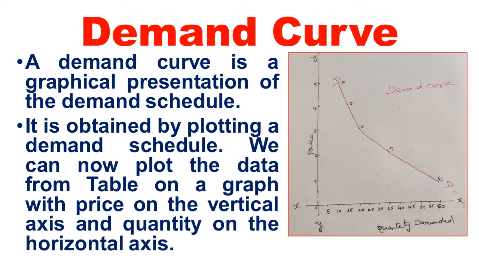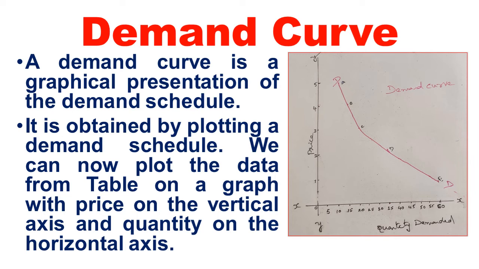How will it look? You can observe here, for your convenience, it is kept on the right side. Price is shown on the vertical, that is y-axis, and quantity demanded on the x-axis, that is the horizontal axis. I have added all the different price levels and quantities with points, and I have joined all those points and got a line like this, the demand curve.